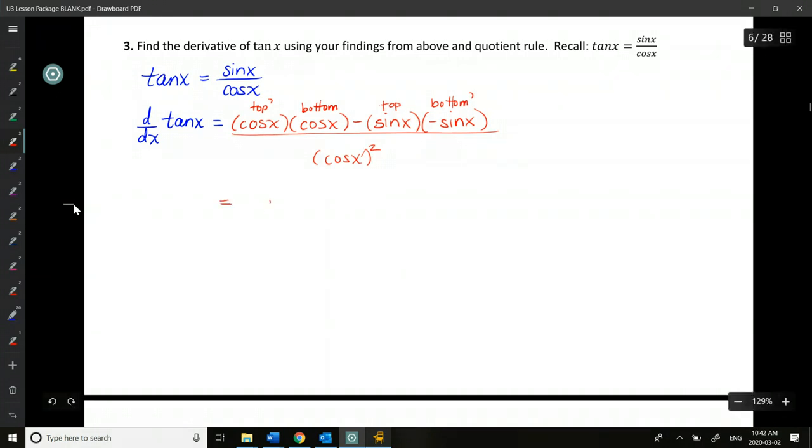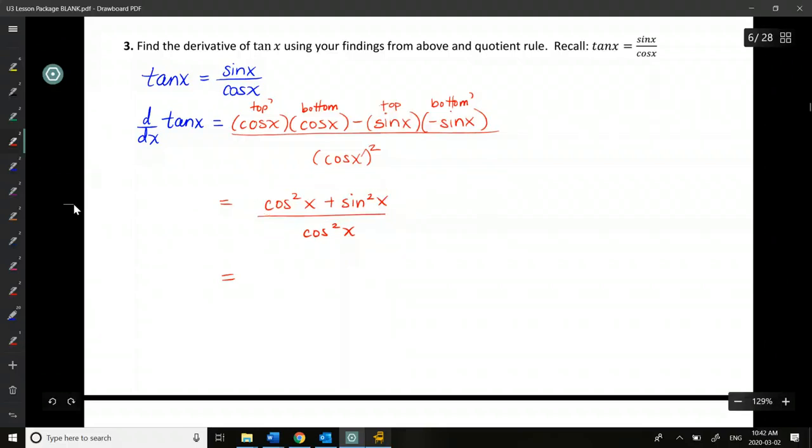So if we simplify this up a little bit, we have cos squared x. Negative and negative make positive. And we can write cos x squared, we usually just write that as cos squared x. And then we are going to apply an identity. Any idea what identity I'm going to apply here? Yes, this is the Pythagorean identity.